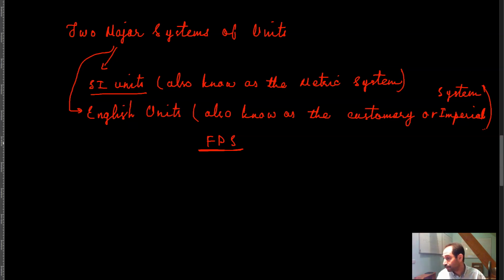There is FPS and MKS, and there is also CGS. So it says that the base units for length, mass, and time in these systems are as follows.